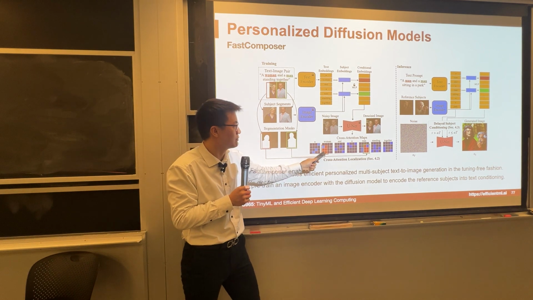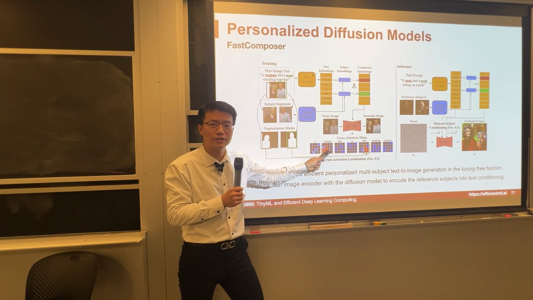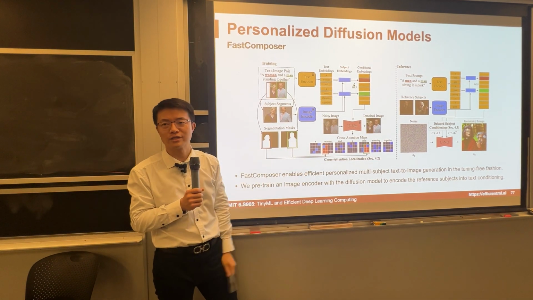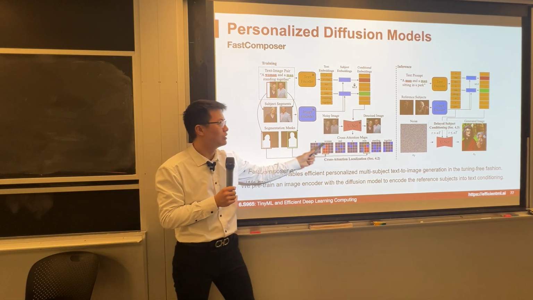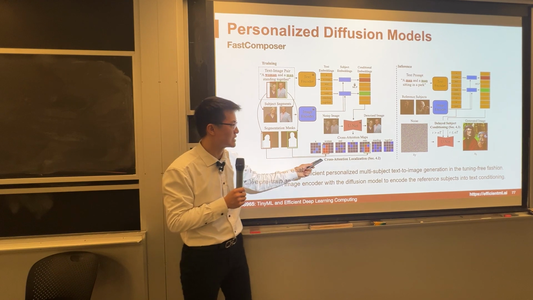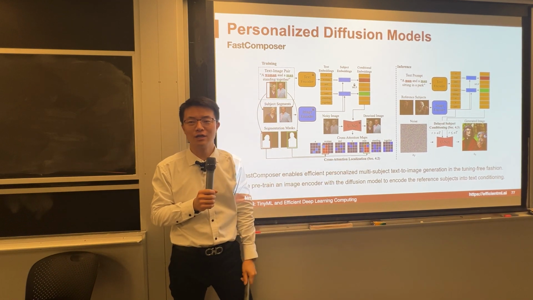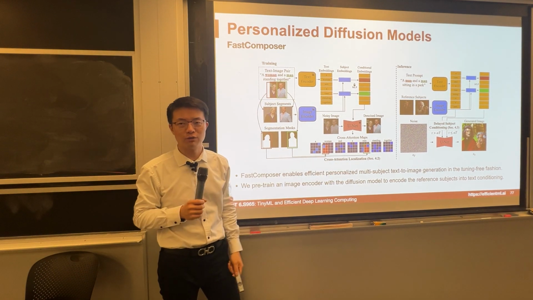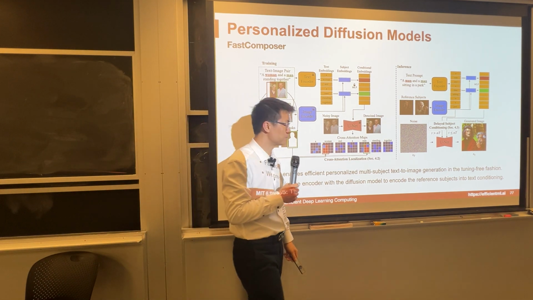We are trying to minimize the distance between the woman's cross attention map and the woman segmentation mask, since we know the woman should be here and the man should be here. So by using such cross-attention localization, we can solve this problem where people are entangled together.